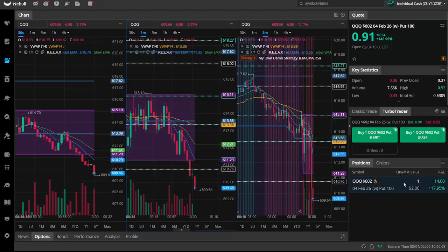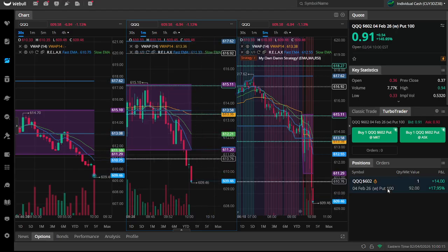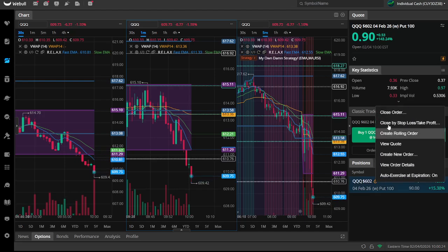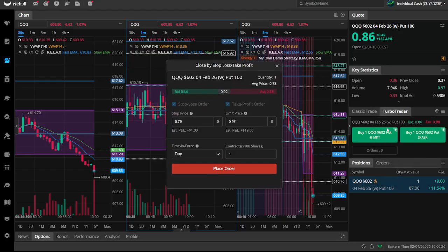Now, if you see I'm at 17%, I'd like to get at least 20%, which we have here. I could probably tell it to close out the position or wait longer. I'll say close by stop loss and take profit.